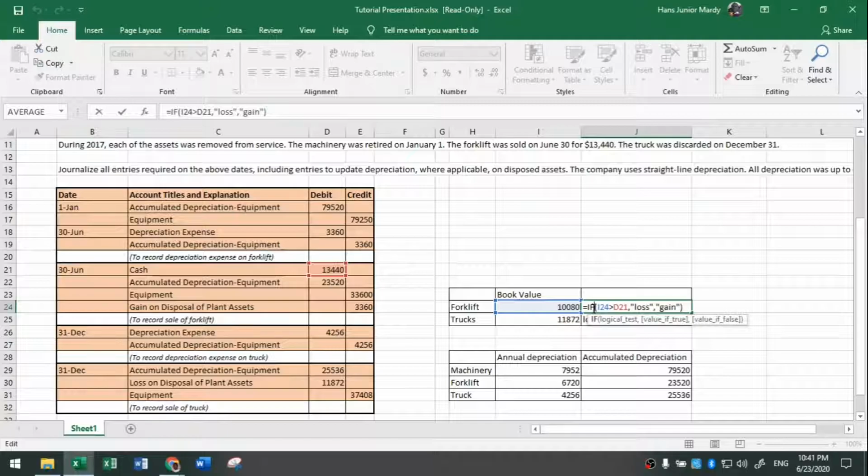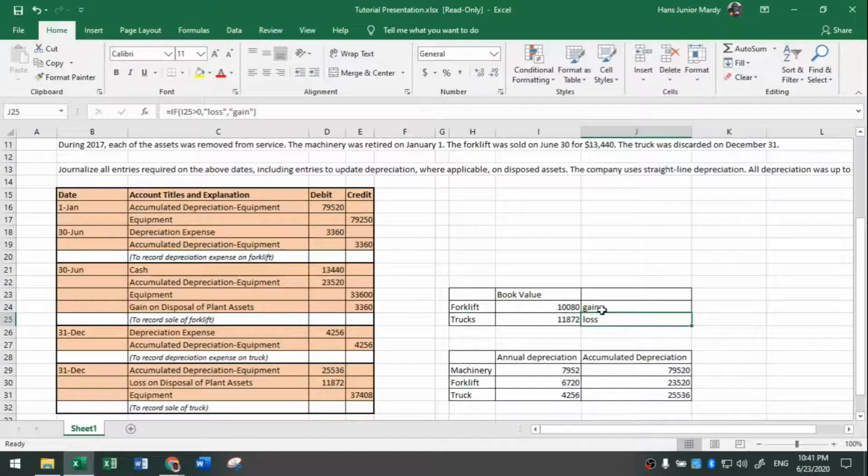If it's less than that, we make a gain. This is how we can see here. If we make a gain, we have to credit it so that we can make the total debit and credit balance. This is why we have the 3,360 here as a credit.